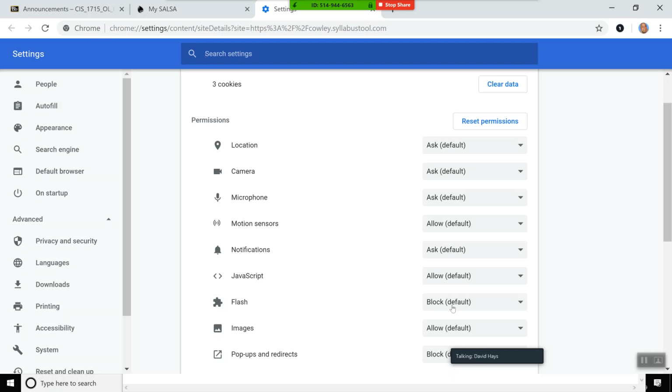Flash is blocked. With Flash, I think it's now called Animate. It was one of the packages you could write in. It used to be Flash ActionScript, and I don't even know what programming language it's called now. But you could write programs that do a lot of neat things. Unfortunately, it wasn't that safe. You could program a virus with it, so you could have it do something to your computer. And so that's why by default, it's blocked.